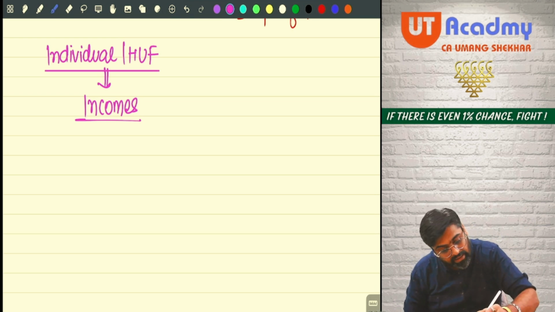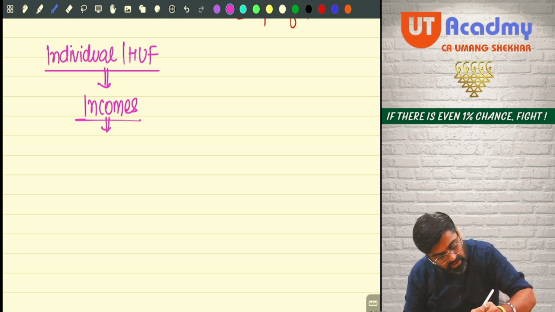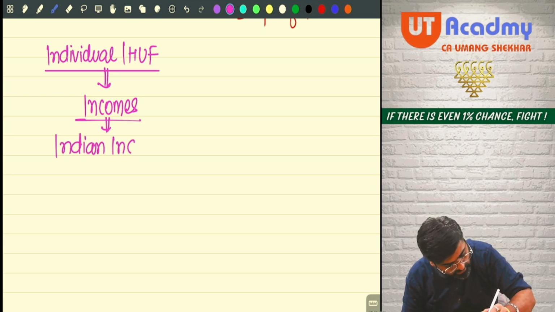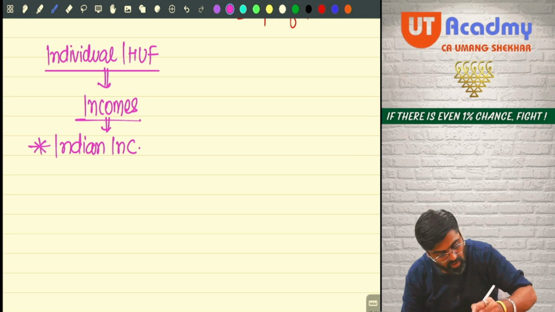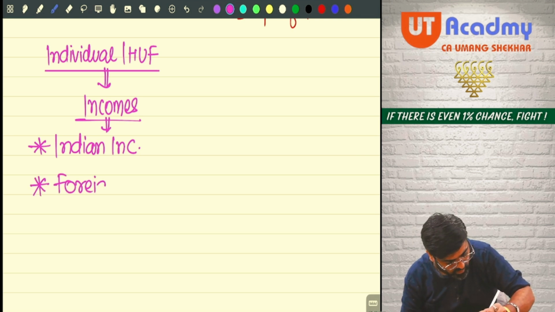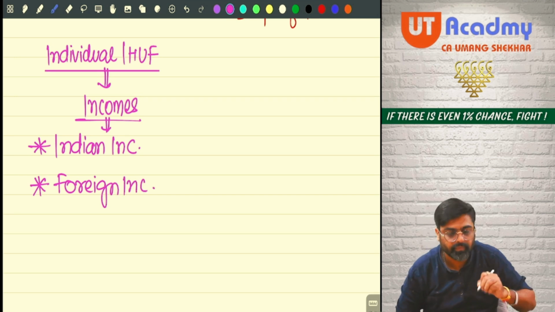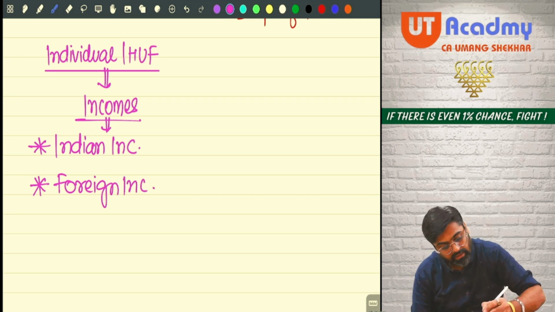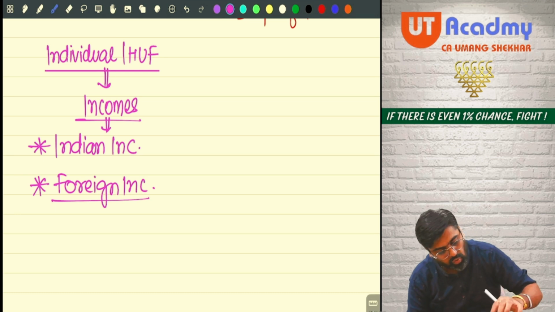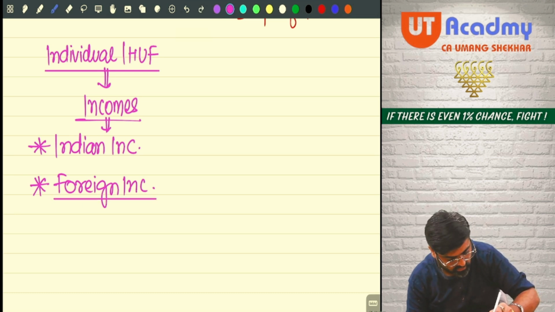But the incomes which you have earned during the previous year can either be Indian income or the income can be foreign income, sir.